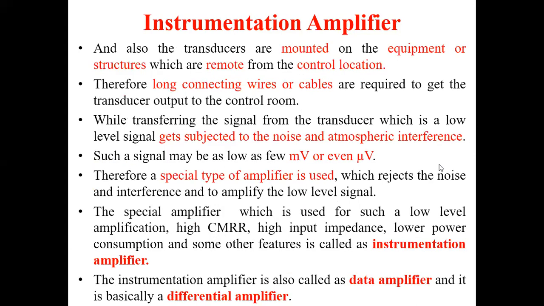They are mounted on equipment far away from the control location, so the signal has to travel far to the control room. To carry these signals from the transducer to the control room, we use connecting wires and cables.